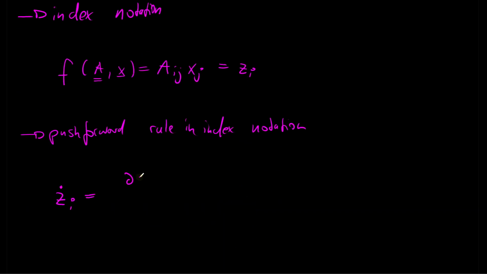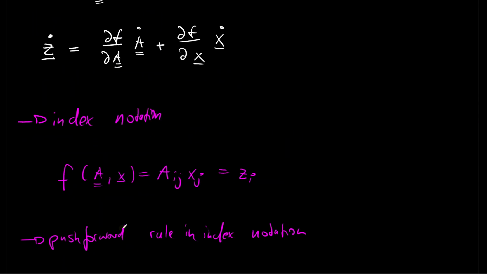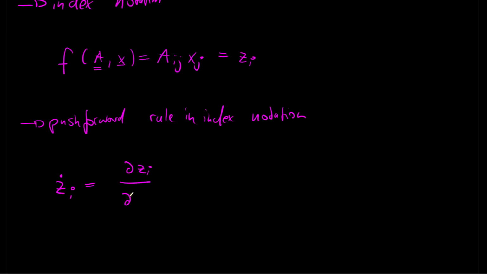So let's do the derivative of z i with respect to the matrix A. But let me introduce some additional indices here and say we are deriving with respect to A kl, and then we have a contraction by using the tangent on A also with the index kl. And then we also get the index i out because we have the contraction over kl.